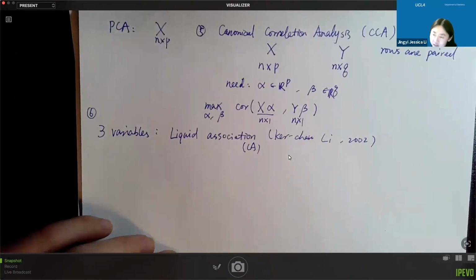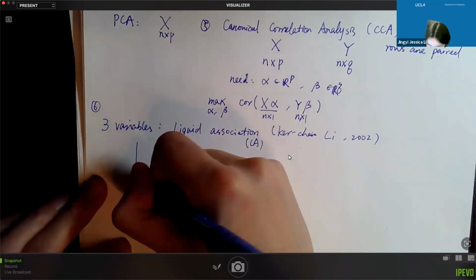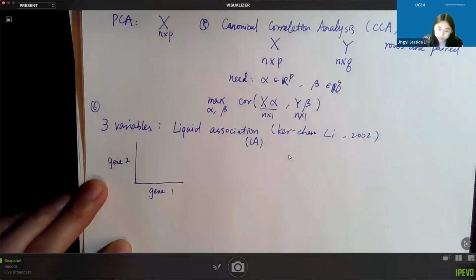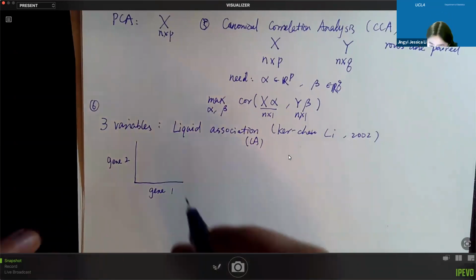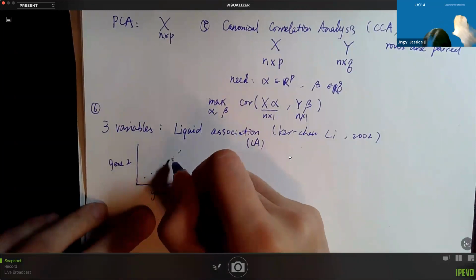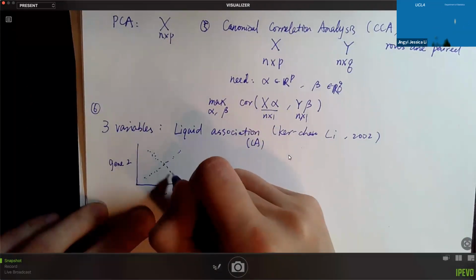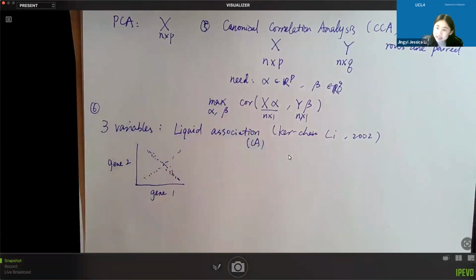I think Dr. Lee observed something very similar to my motivation of the general R square. He observed that if you have two genes, let's say gene 1 and gene 2, and you look at their expression, gene 1 and gene 2 seem to be positively correlated in some samples, but negatively correlated in some samples.